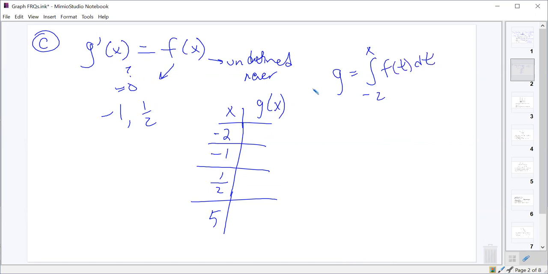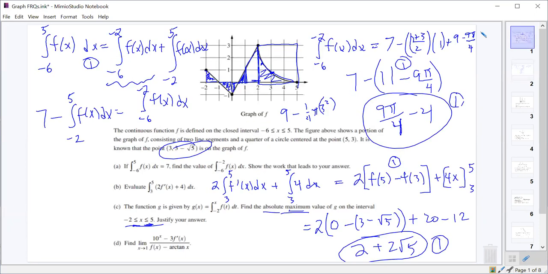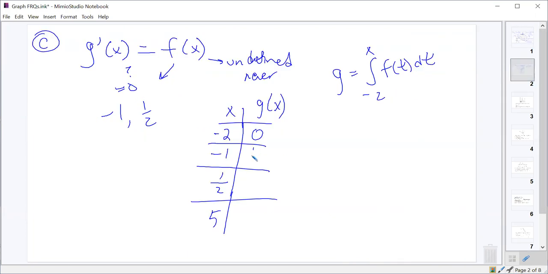So what's the integral from -2 to -2 of f of t? That ought to be 0. What about from -2 to -1? Well, from -2 to -1, I should get an area of 1/2 base times height, which is 1/2 of 1 times 1, or 1/2. So immediately I know that my max is not at -2.